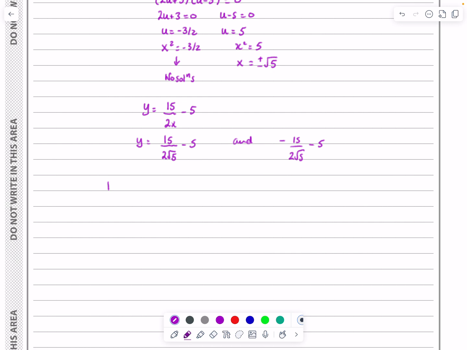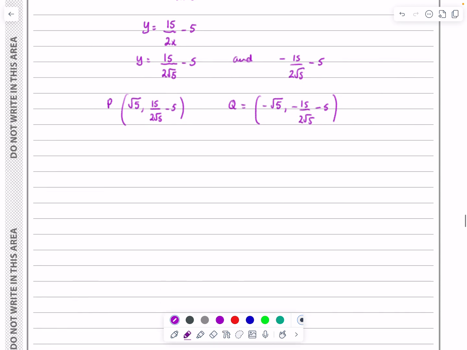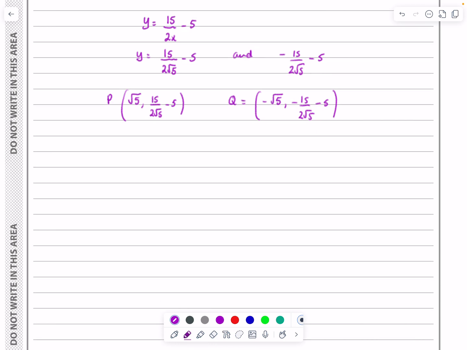So P is equal to root 5, 15 over 2 root 5 minus 5, and Q is going to be very similar, minus root 5, minus 15 over 2 root 5 minus 5. I'd tidy up the denominators there if these were answers, but they're not. I'm trying to work out the length of PQ, so I can just leave those in there.